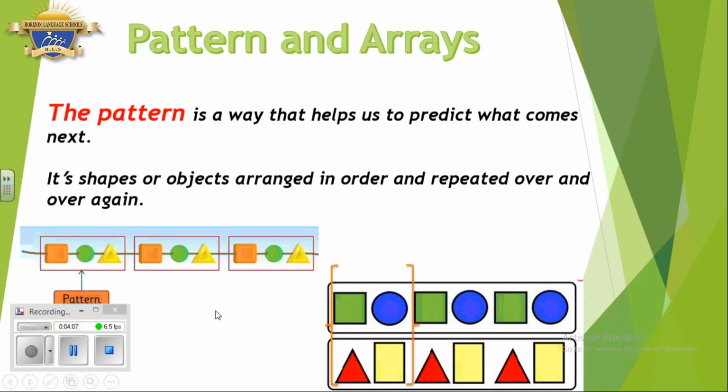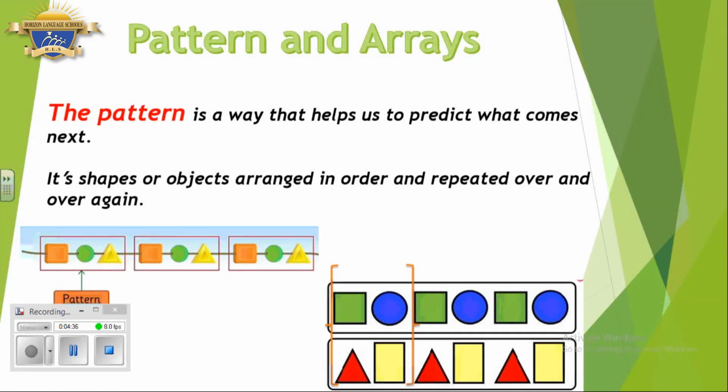For the next pattern, I have here a red triangle, yellow rectangle, red triangle, yellow rectangle, red triangle, yellow rectangle. So I can say that after the yellow rectangle comes a red triangle, right?